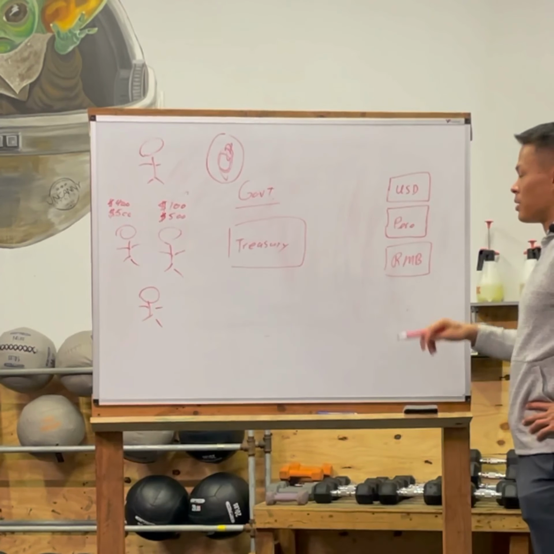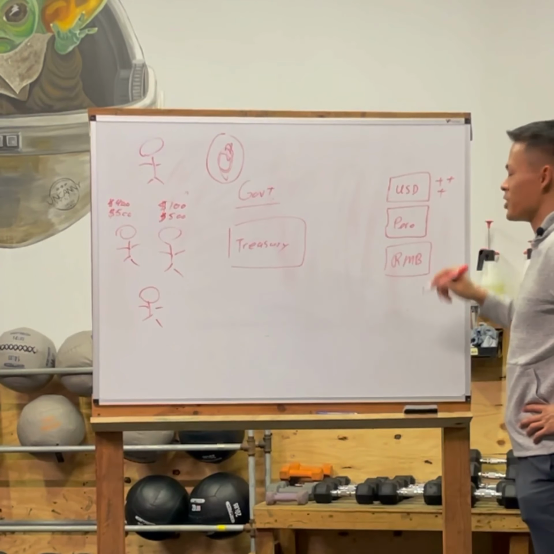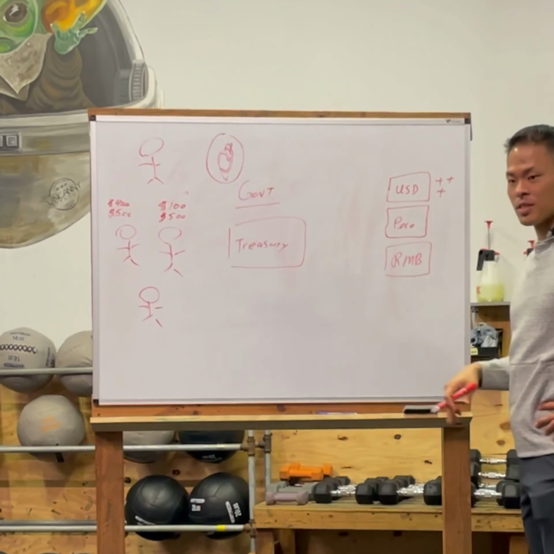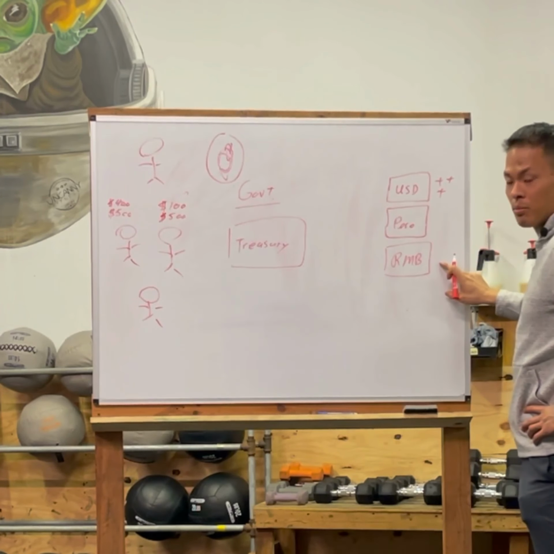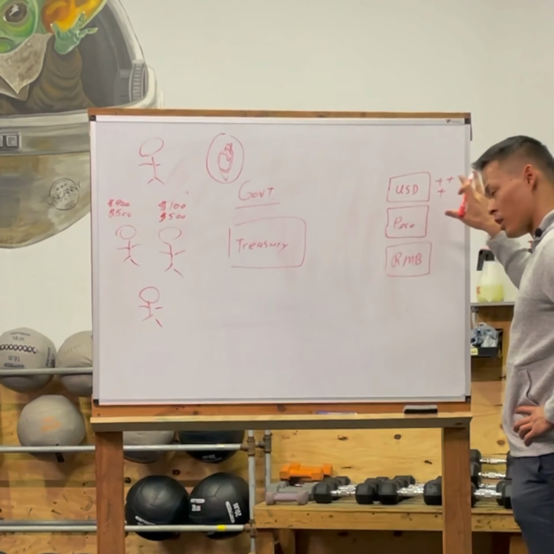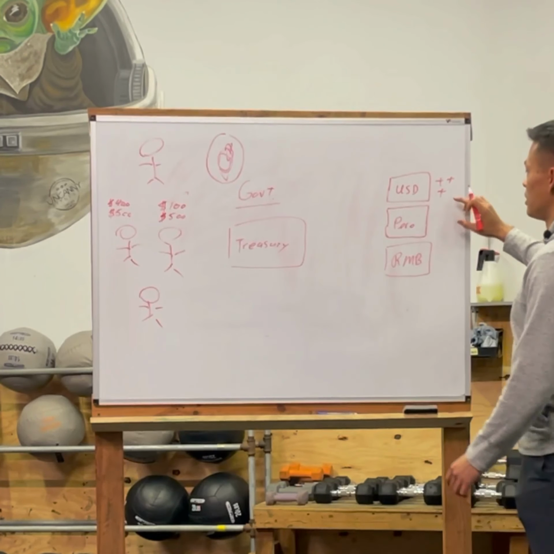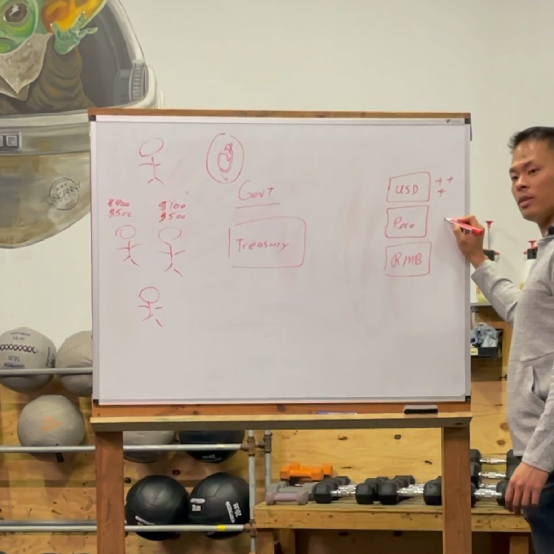So someone says, okay, if we're printing a lot more here, three checks or three positives, but we don't print pesos and we don't print RMB, then in a closed system the US dollar is going to be less valuable relative to the peso. That makes sense, right?